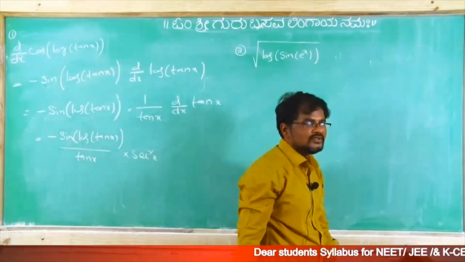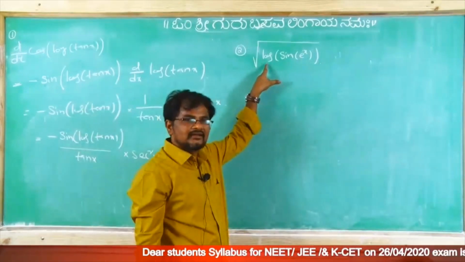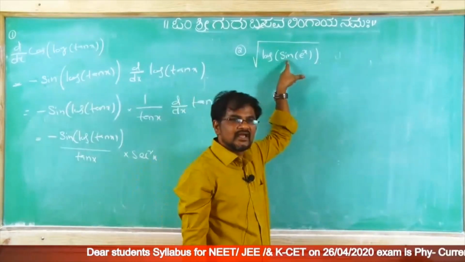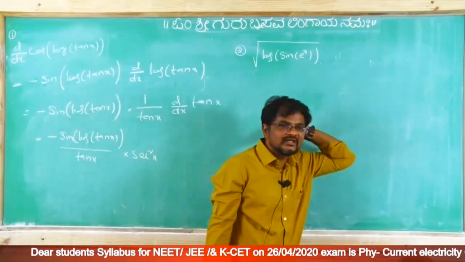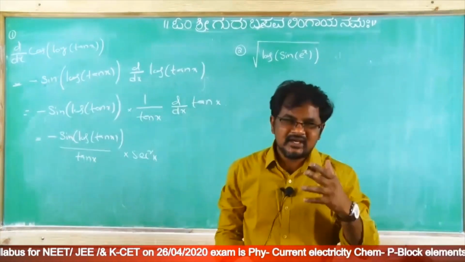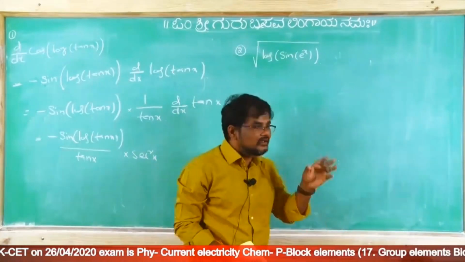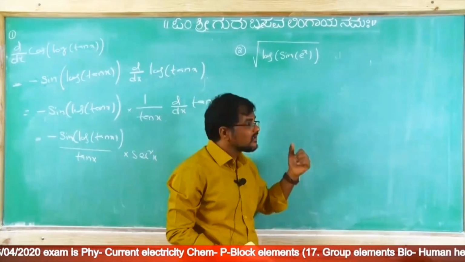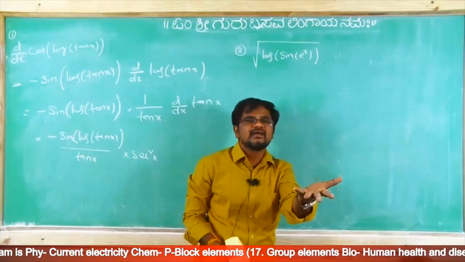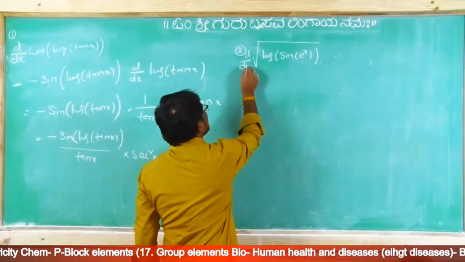First root x, next log, next sine, last one is e power x. Simultaneously we have to do the differentiation, because we know how to do the differentiation of root x, log x, sin x, and e power x.